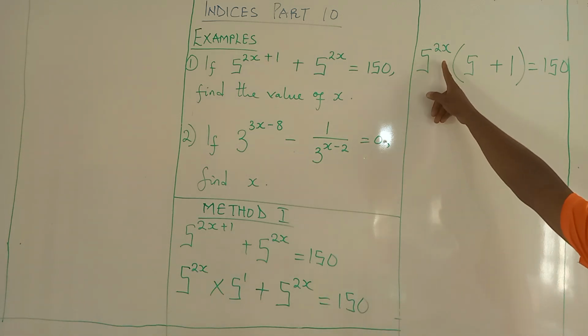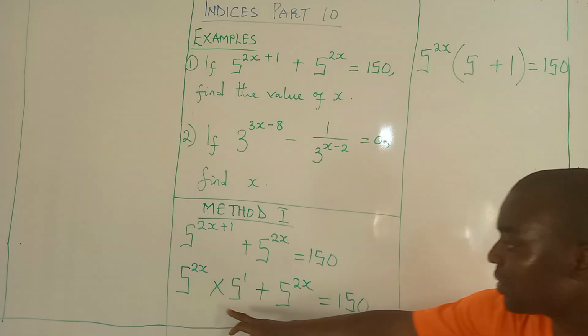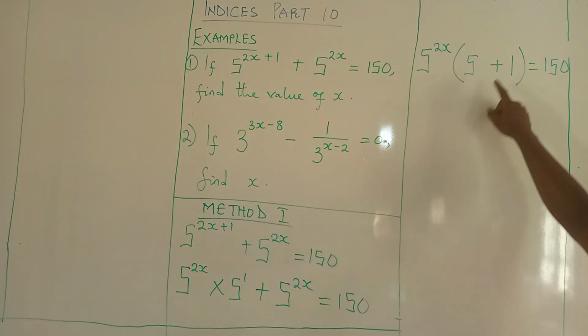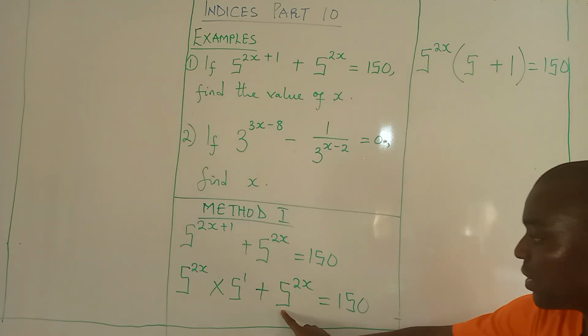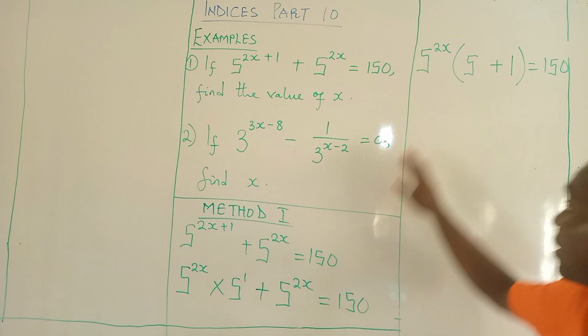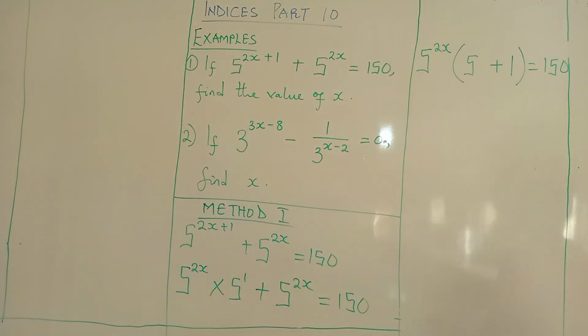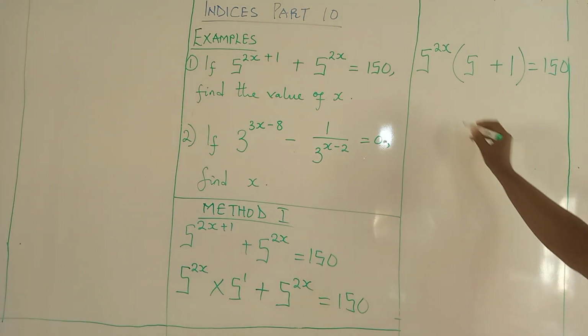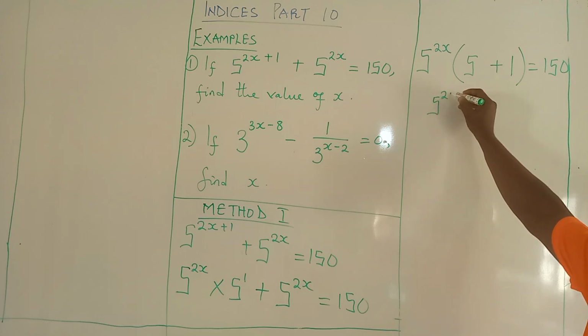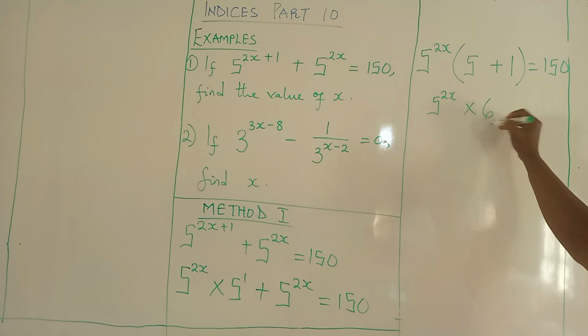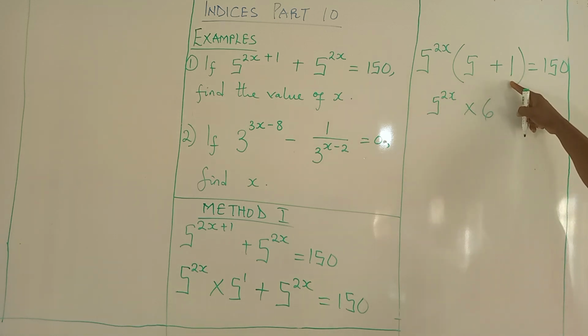Because 5 raised to power 2x times 5, this is it, plus 5 raised to power 2x times 1, this is it. So this line is the same thing as this. And so from here, we'll have 5 raised to power 2x times 6, because 5 plus 1 is 6, is equal to 150.